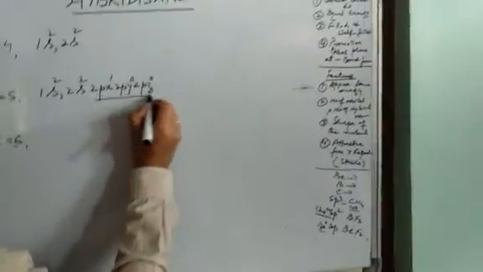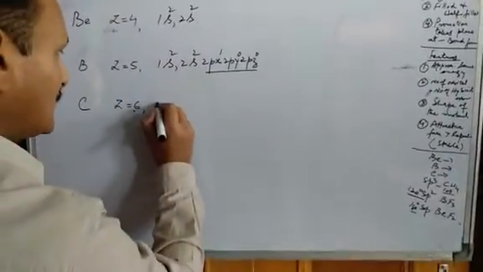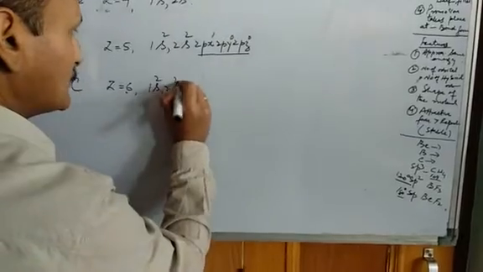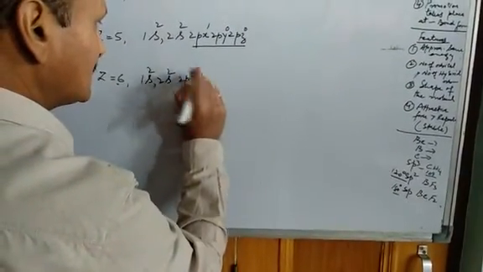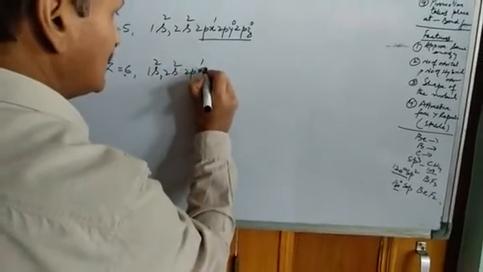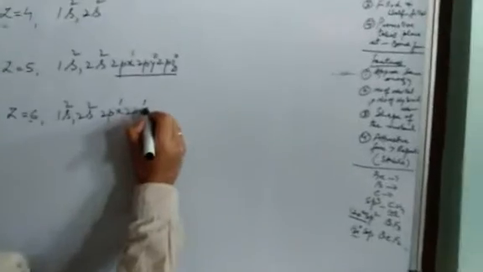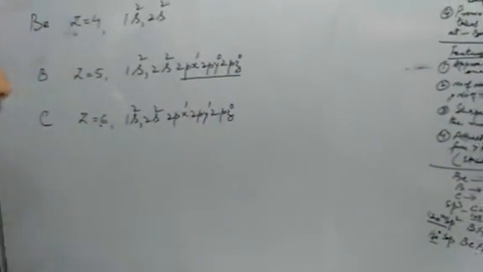We can accommodate 6 electrons in 2p, but here I have only 1. Similarly, in carbon, the electronic configuration is 1s2, 2s2, 2px1, 2py1, because I have 6 electrons here and Z will remain vacant.